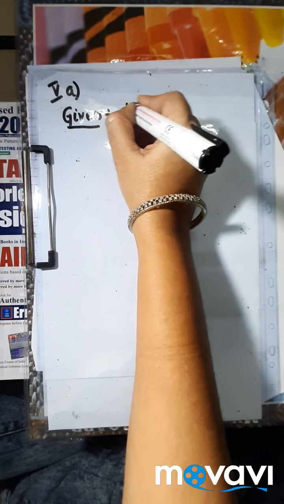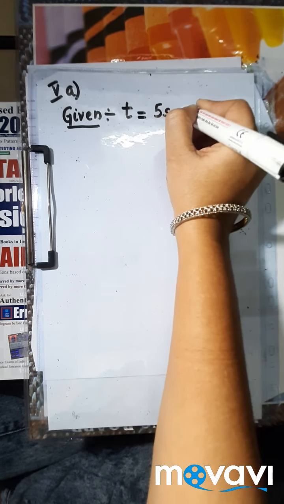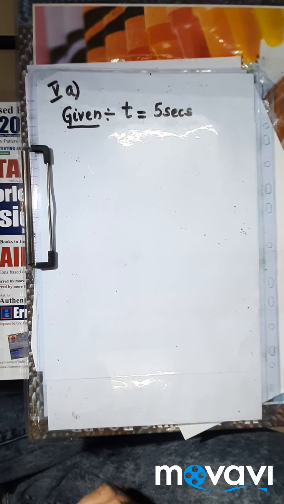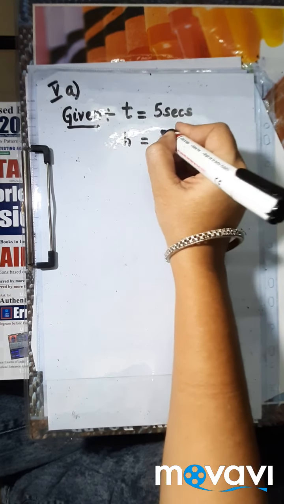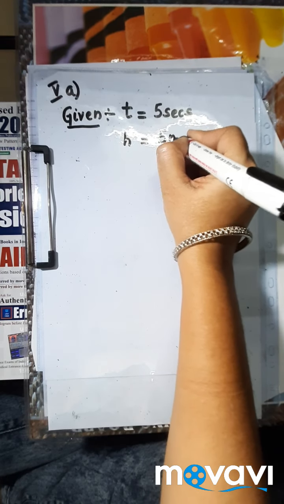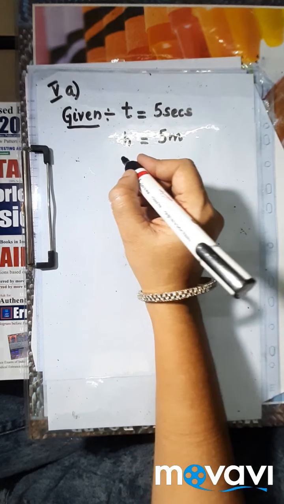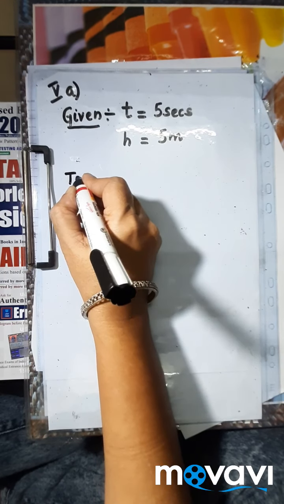So my T is equal to 5 seconds. To reach the ground from a height of 5 meters. So my height is equal to 5 meters. On a planet. What is the value of G on that planet? They're not telling you the planet is Earth, right?